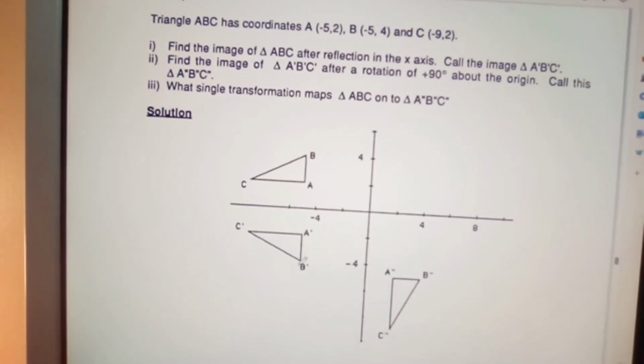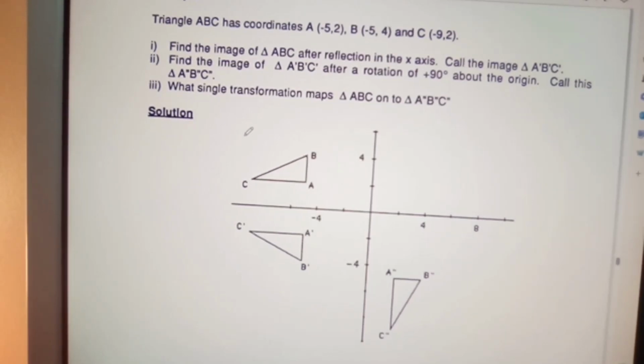Okay, and look at this, you look at the solution here, okay?